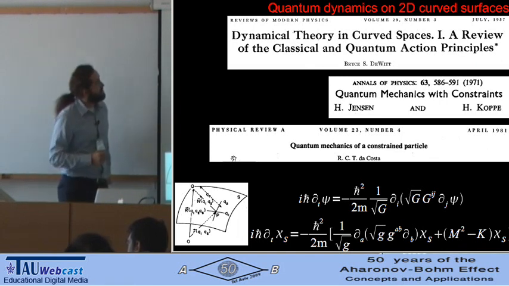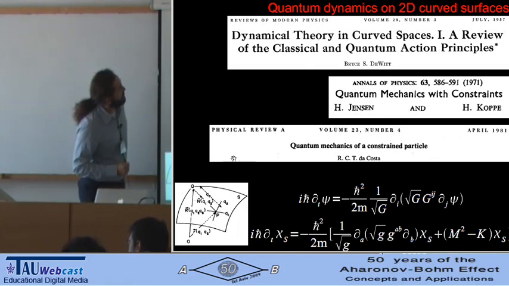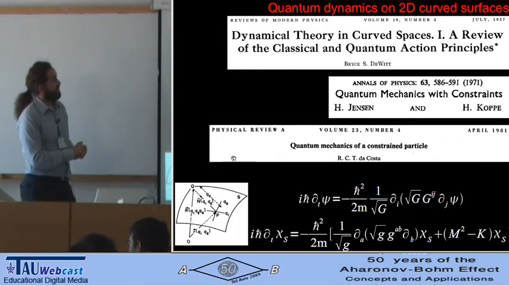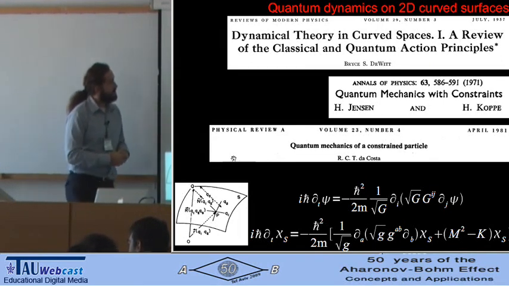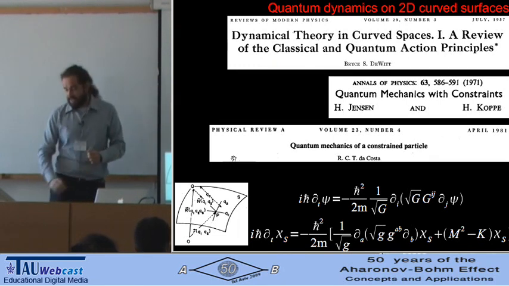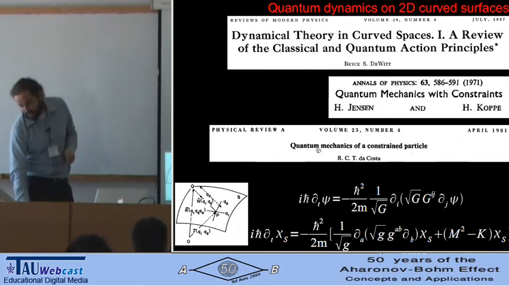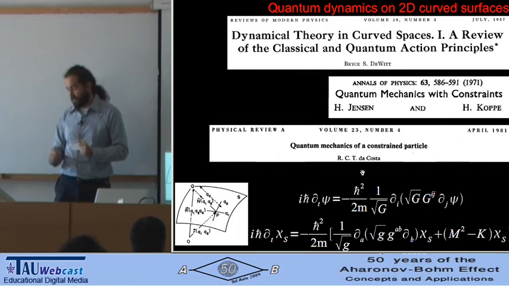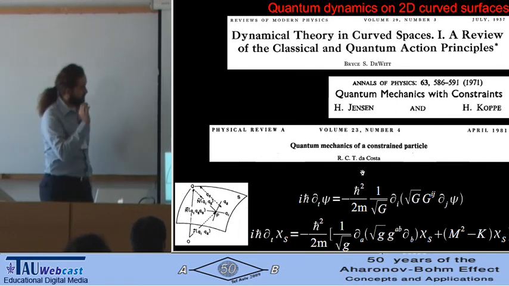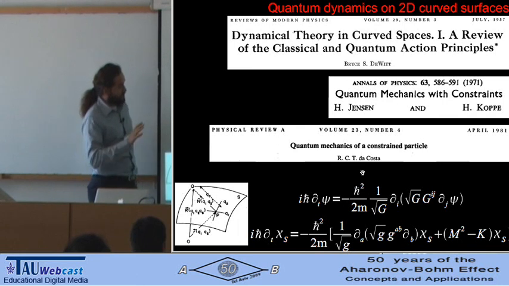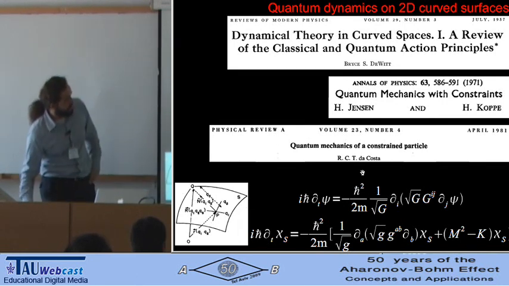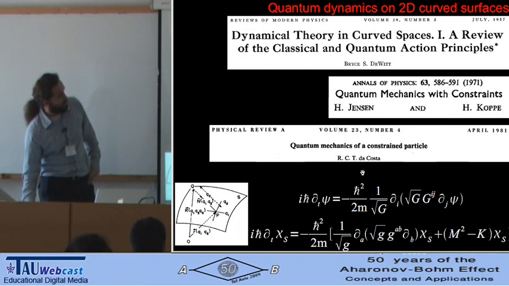And this has been studied for a long time, I would say 52 years, starting from the paper of David, and then going on until the last formulation of Da Costa of almost 30 years ago. And the important point is that if you consider the surface curved in a three-dimensional space, what appears is that you have an effect due to the curvature.